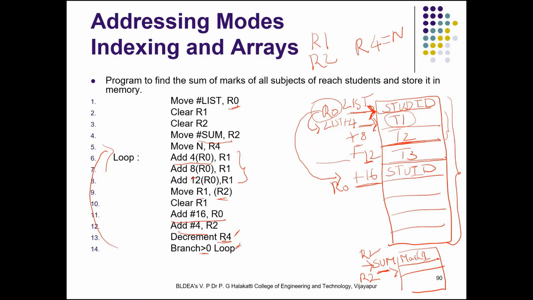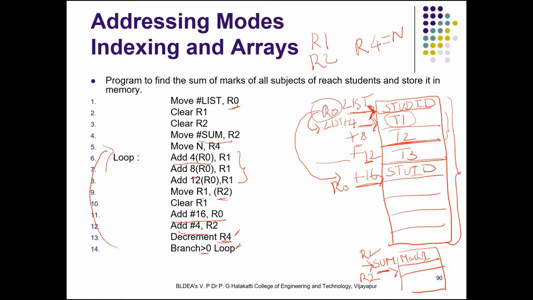Add the content of R0 with a displacement of 4 to R1. So with respect to R0, R0 is pointing here.